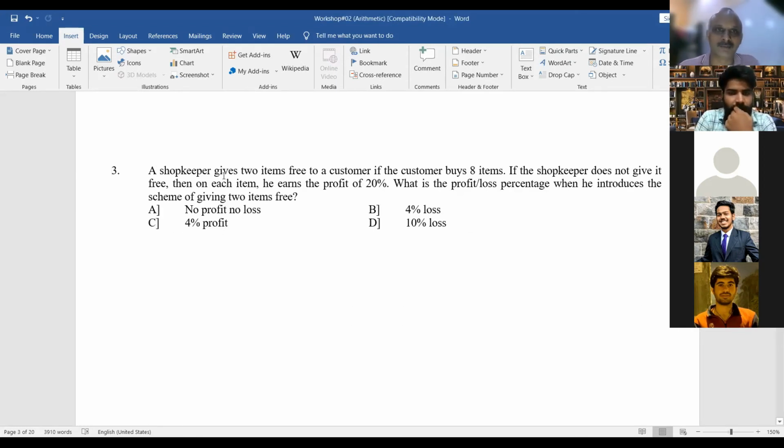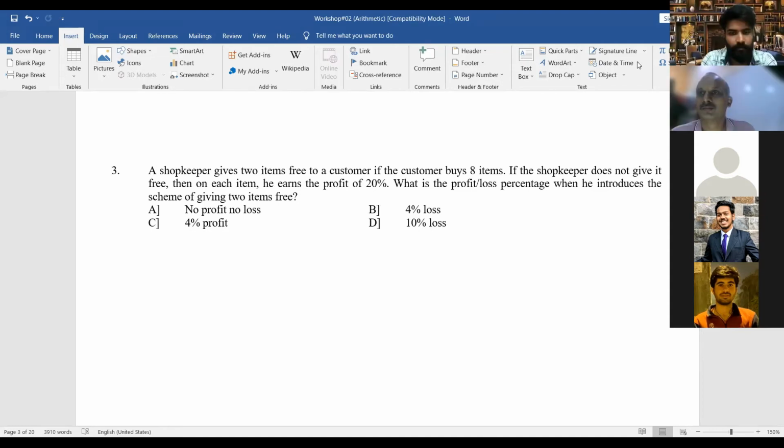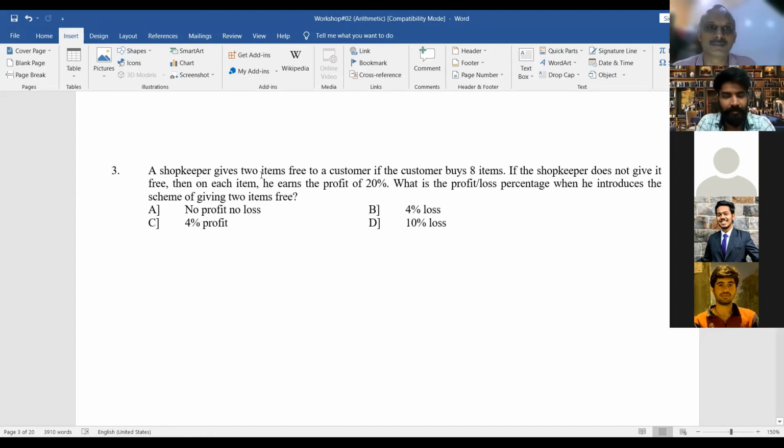Here is another problem. The B option. Okay. And what is your thought process? Sir, if there are 2 items that we make free on 8 items, then it contributes around 25% of the total cost.